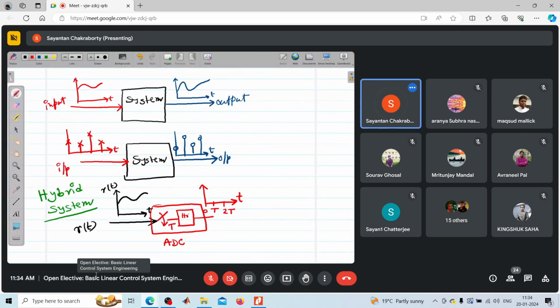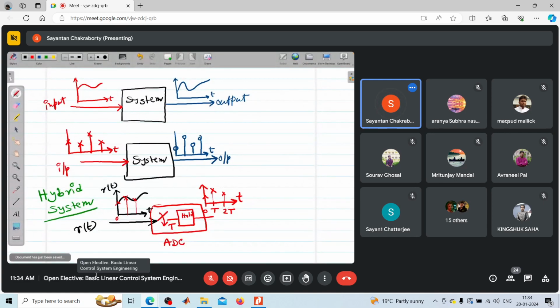There is a hold circuit. So it samples the values at different instants of time. At the 0 instant, this is the value. At the T instant, this is the value.